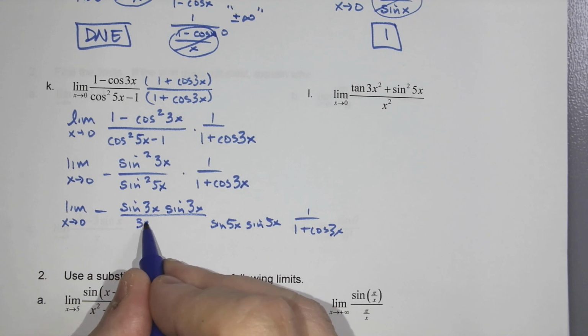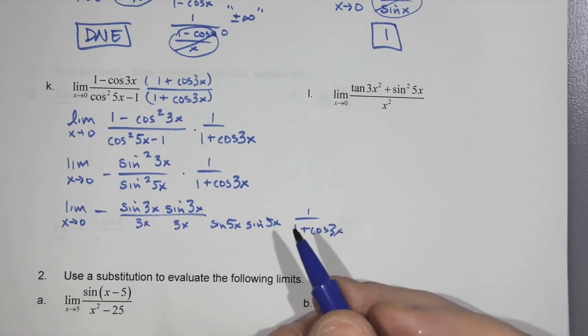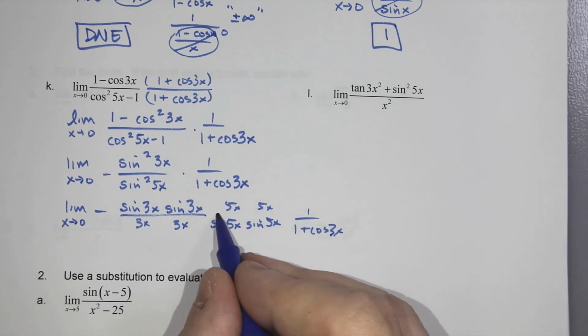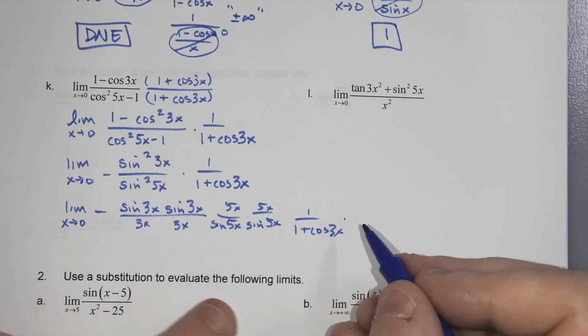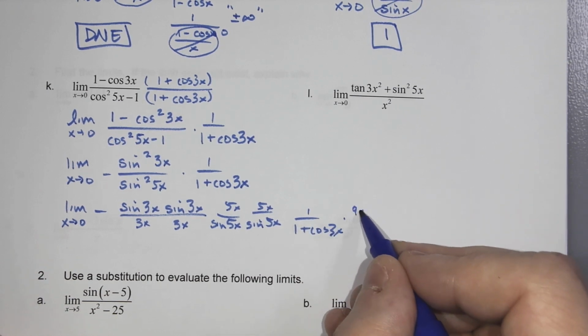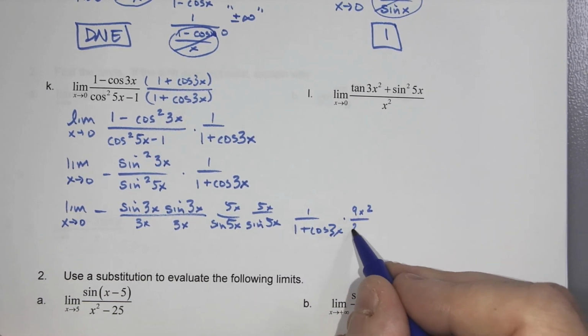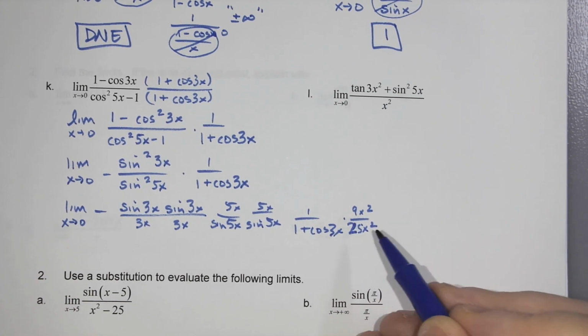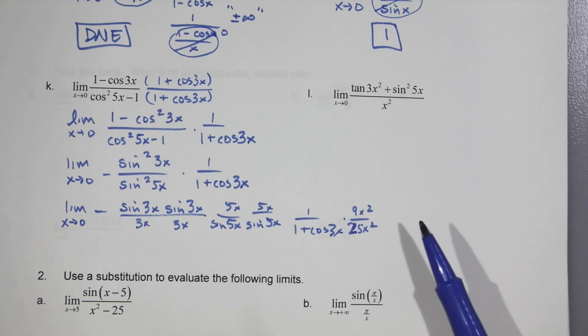So I need a 3x and I need a 3x to put in. I need a 5x and a 5x to put in, which I have to compensate for. Let's see, that would need 9x squared on top, and it would need a 25x squared on the bottom.